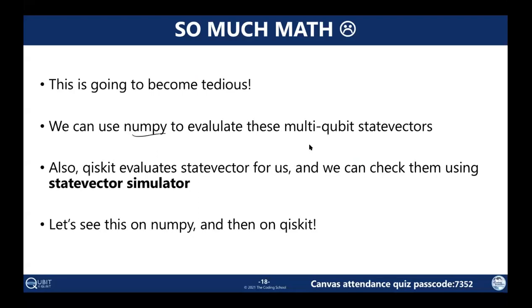We say NumPy, this means a computer, i.e. Python, to evaluate it for us. So we can evaluate these multi-qubit state vectors and then use the state vector simulator to make sure we're getting what we expect. So that is the conceptual portion of this lab, and we're going to move to the quantum experience now.